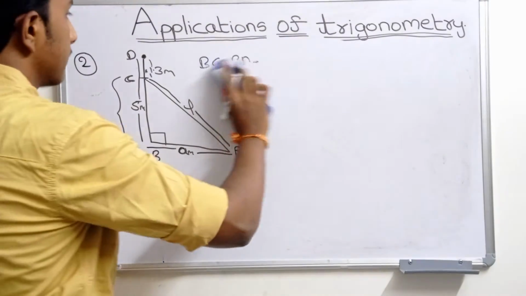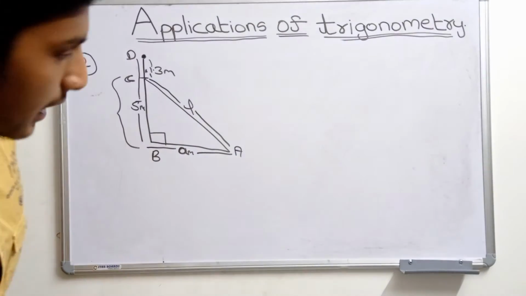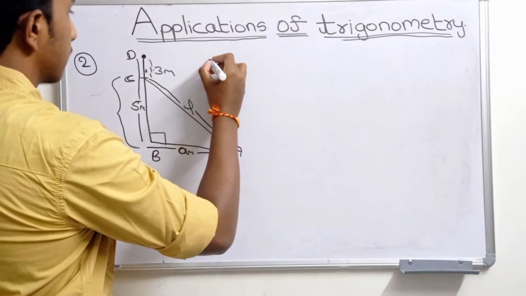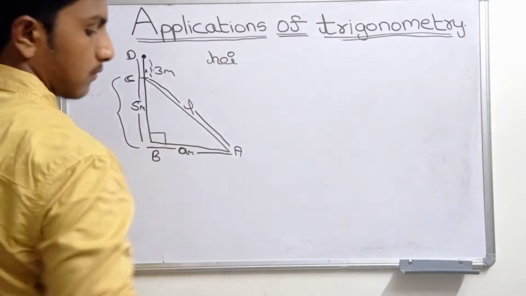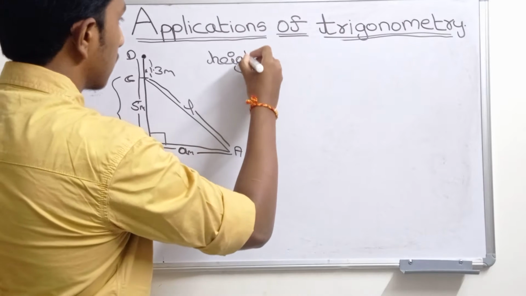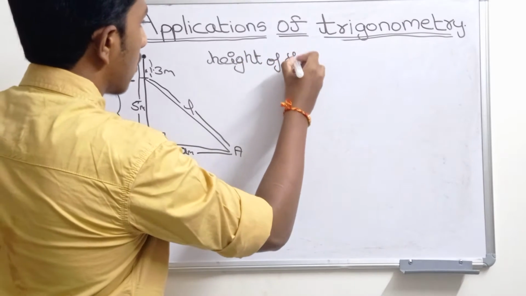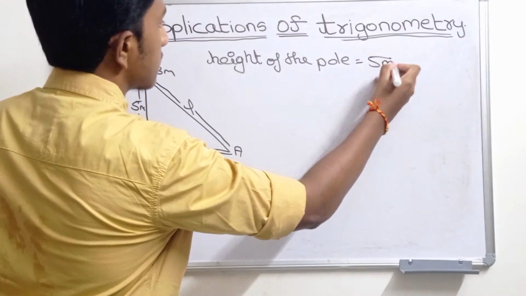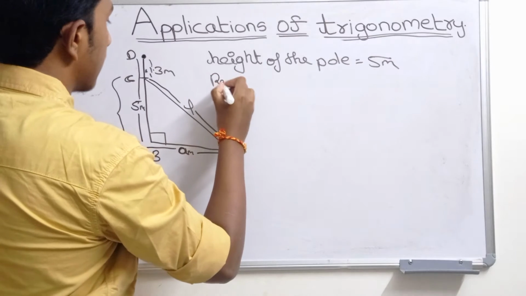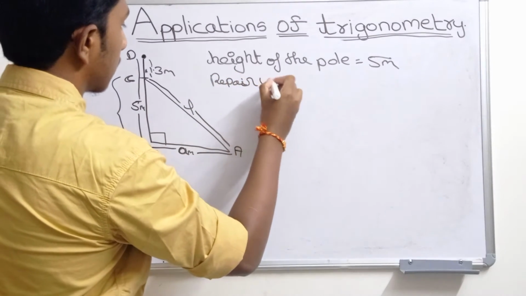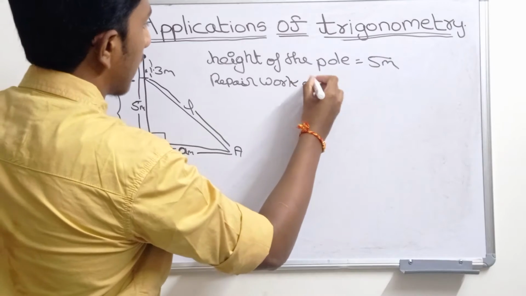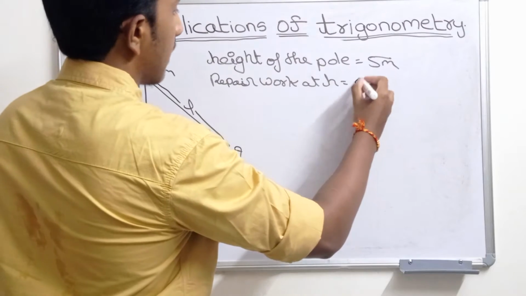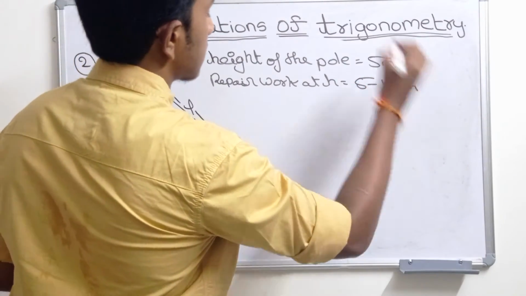First I'll write the given data, then we'll go for the problem. Height of the pole is equal to 5 meters. Repair work should be done at height equal to 5 minus 1.3 meters.